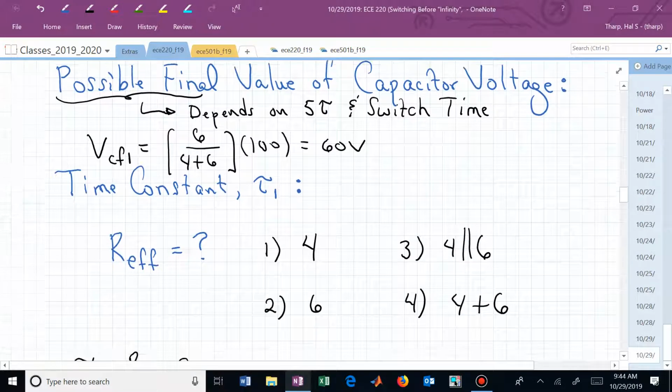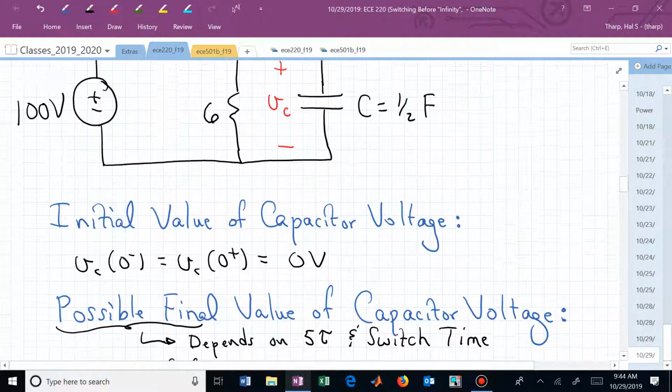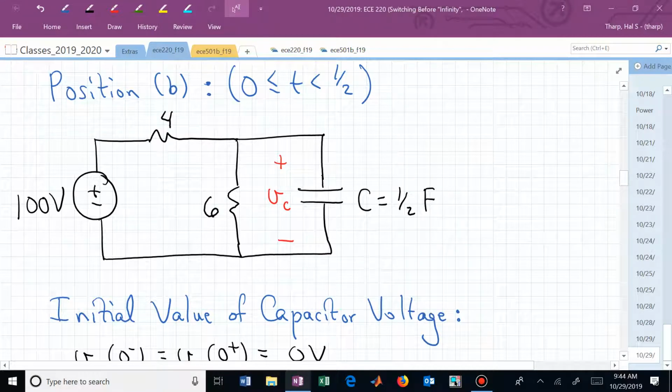Is the R the parallel combination of 4 and 6, or is it the series combination of 4 and 6? Given that circuit, what is our effective resistance that we need to use to determine tau? Tau is RC.